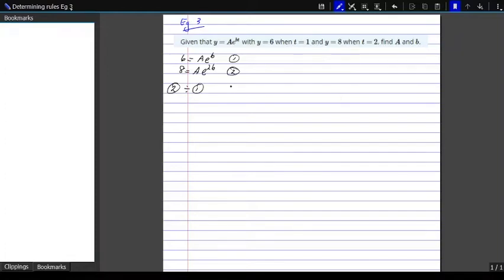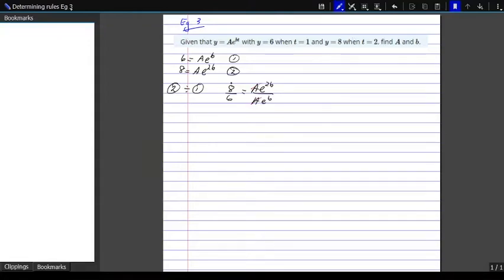So then we have 8 over 6 equals a e to the 2b over a e to the b. Can you see that? The numerator here is our equation number 2 and our denominator is equation number 1. So we're dividing 8 by 6 and this term by this term. As we can see, our a's are going to cancel each other out.